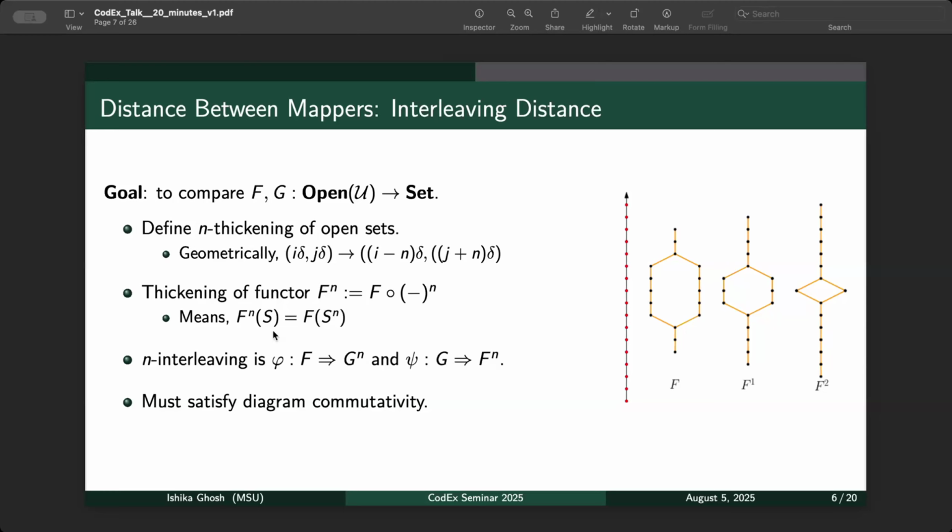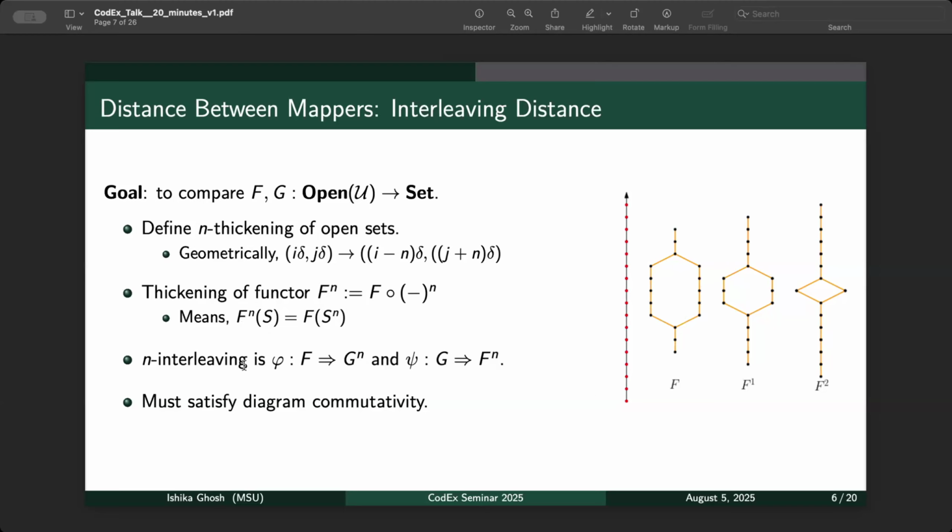When I say a thickened mapper, what I mean is that we apply this functor on bigger intervals. If you don't want to look at the category theory side, you can look at graphs. On the right we can see, given a mapper graph with say a loop inside, progressive thickening will slowly make the loop inside smaller. It kind of zips the top and the bottom.